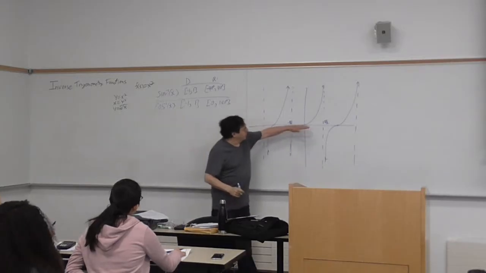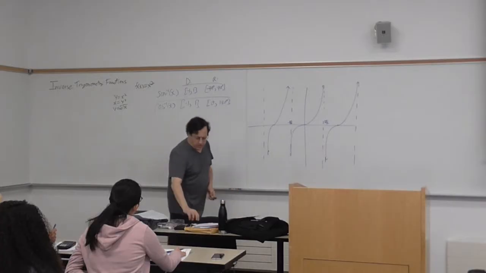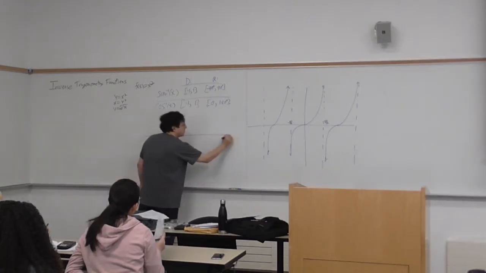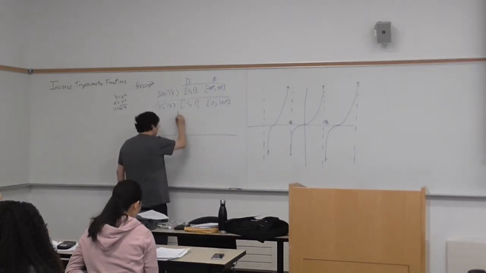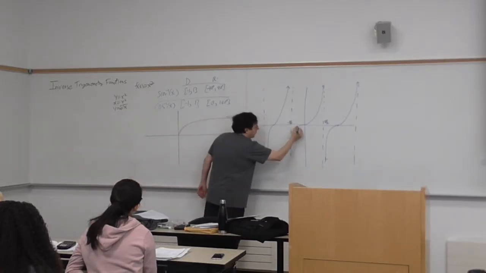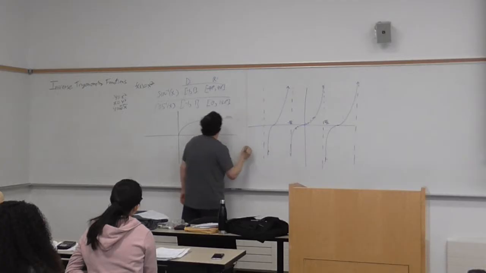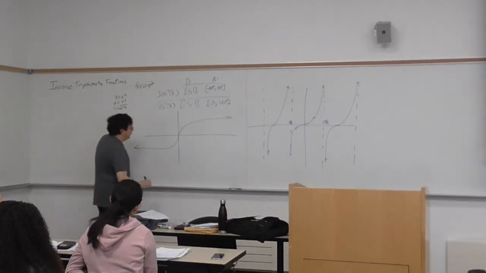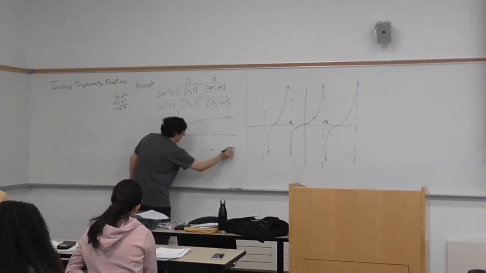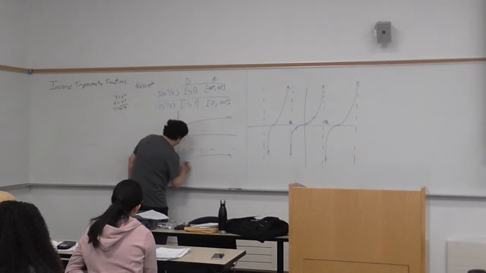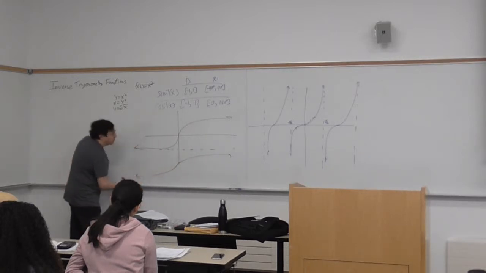And if we invert this, what's it going to look like? Well, we're going to have this branch. It's going to look like this. But now you're going to have a horizontal asymptote like this.